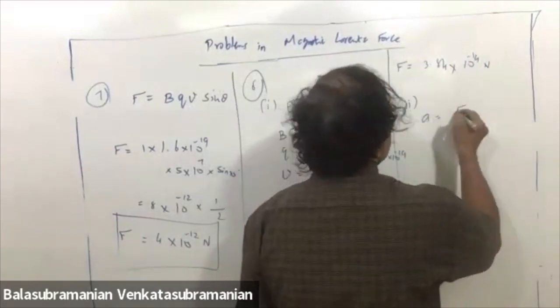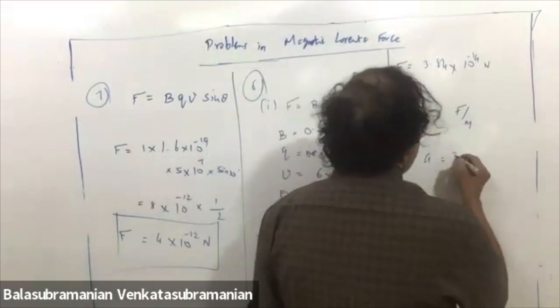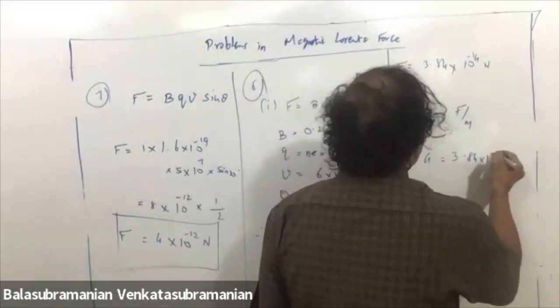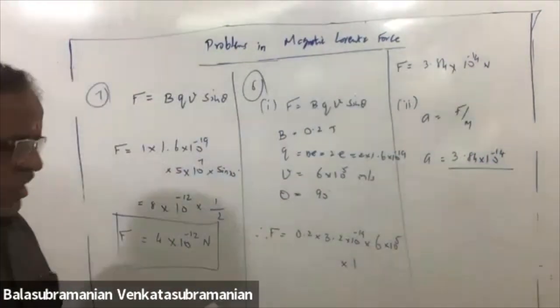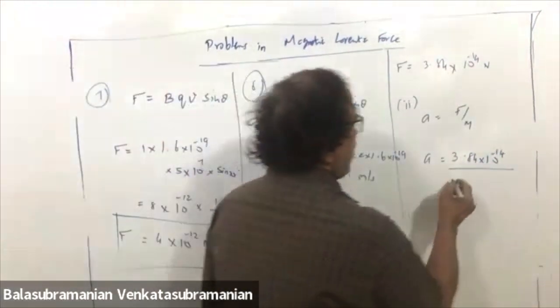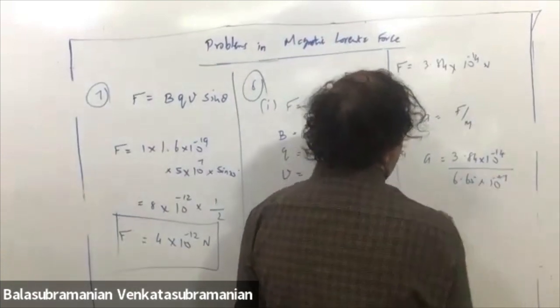Acceleration a is equal to force by mass. Force is 3.84 into 10 power minus 14. What is the mass here? Given, 6.65 into 10 power minus 27 kilogram.